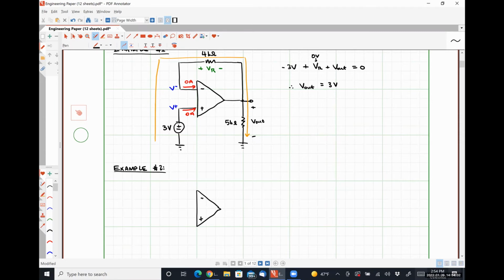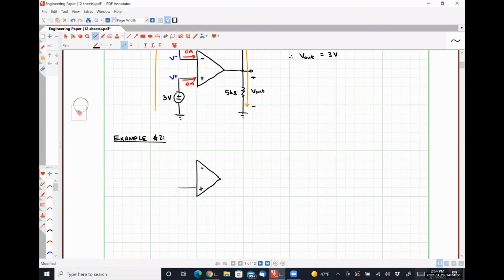Plus, minus. So this time, let's short out our non-inverting input terminal. Let's throw a 2 kilo ohm resistor here. Let's throw a 4 kilo ohm resistor here.